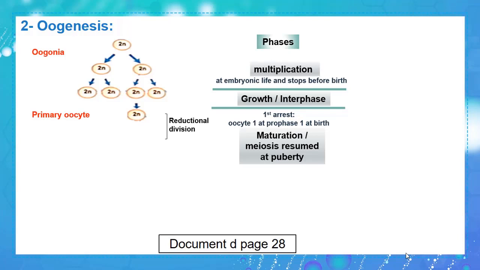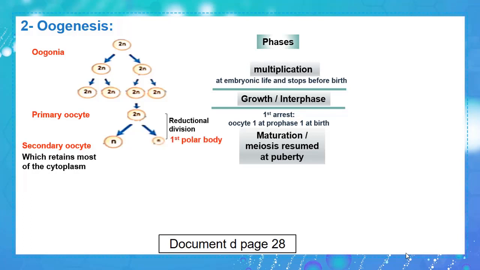An oocyte 1 that undergoes the reductional division gives 2 haploid cells with n chromosomes: one large cell called oocyte 2 and another very small cell that is called the first polar body. This polar body will soon degenerate, maybe before or after it continues its meiotic division.